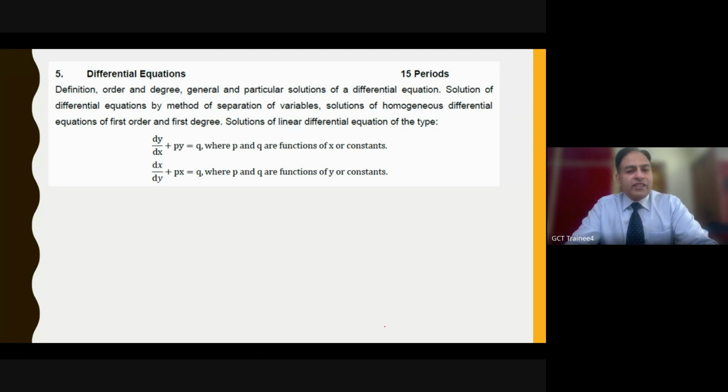So squaring is not allowed. To avoid such controversial questions, I don't know how many of you have seen, on 31st of March, CBSE released one sample paper. There was a question number 6 related to the differential equation only, and there was a situation when cubing both the sides was required. After just 6 days, that question was removed from the CBSE official website and a new question was added.